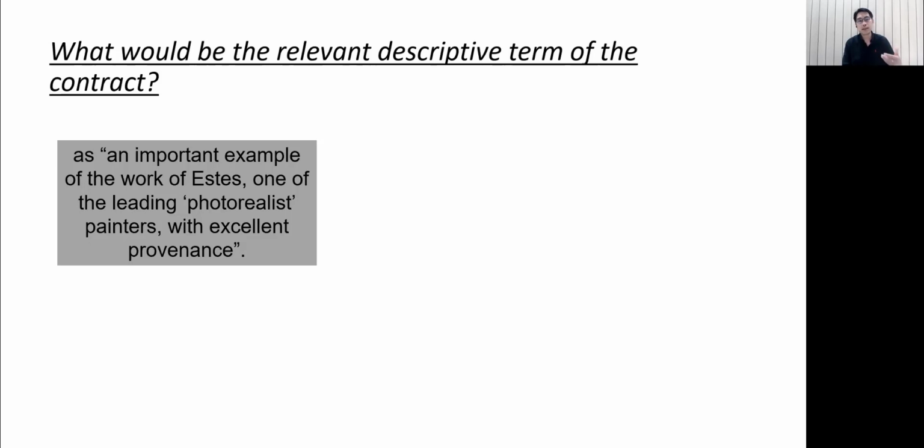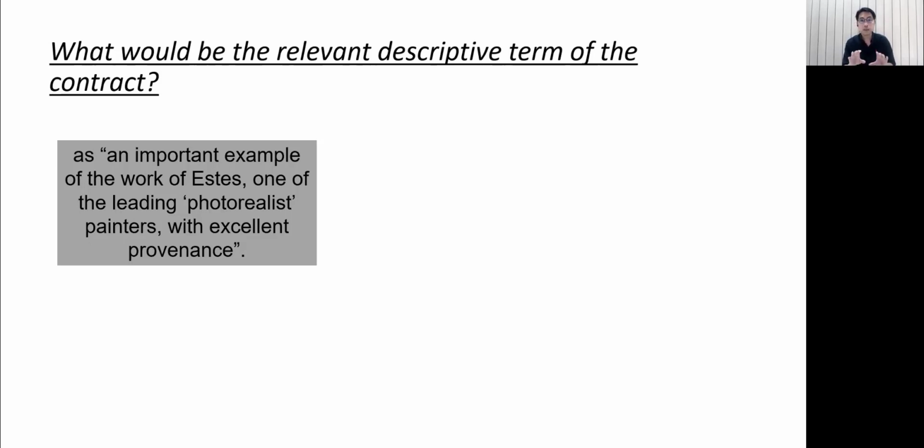So the authenticity or the originality of the painting at this juncture was not really stated by the seller. Although no doubt he's very convincing and strong in his words, he is saying of excellent provenance, but short of saying it's original. In fact, the earlier part of these few words say what? That it is an important example of the work of Estes, which is true.